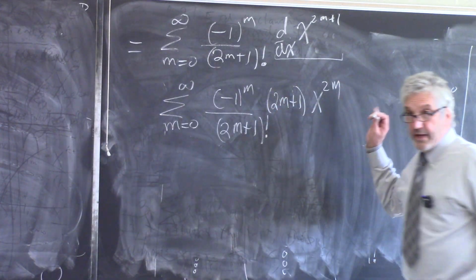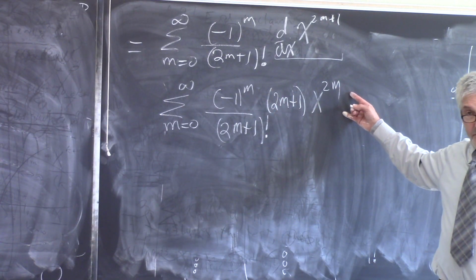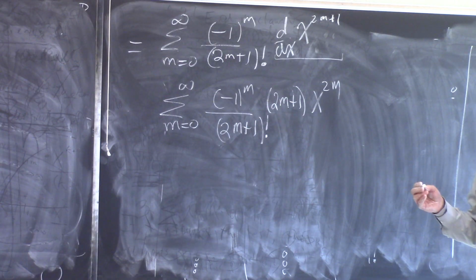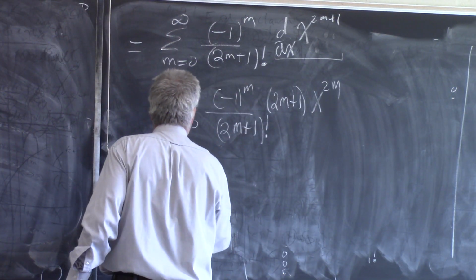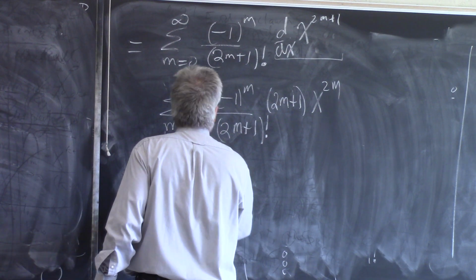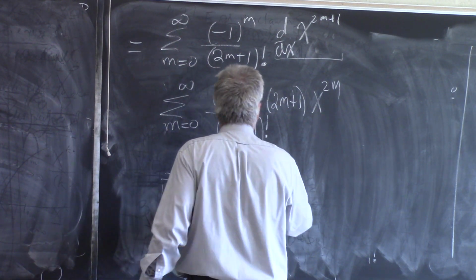All right. Can anybody think of how to simplify this expression? You can cancel out the 2m plus 1 in the numerator and reduce the factorial to just 2m. Exactly. Wonderful. So this is going to be the sum from 0 to infinity, minus 1 to the m survives.